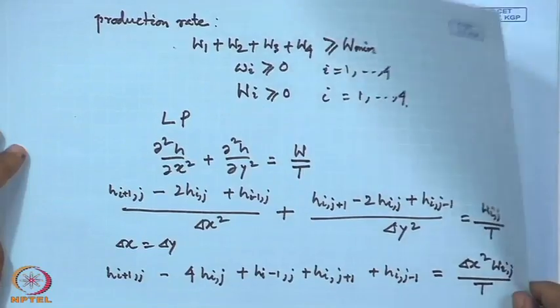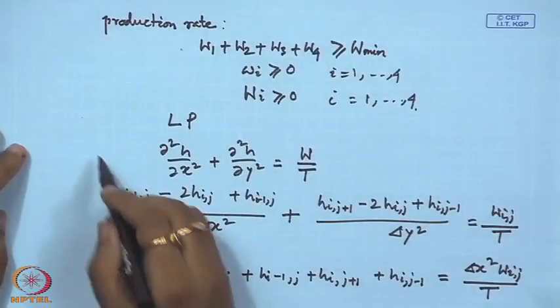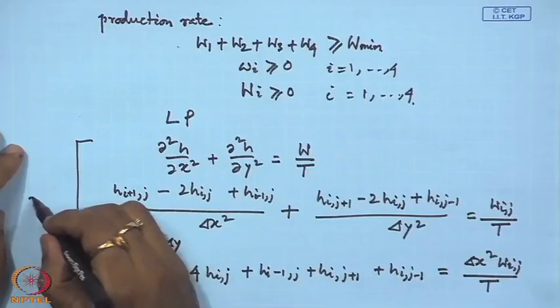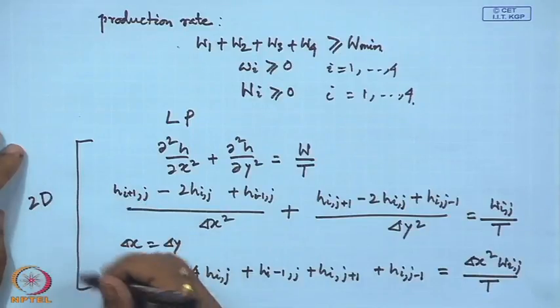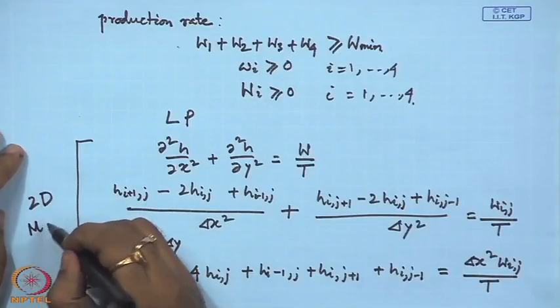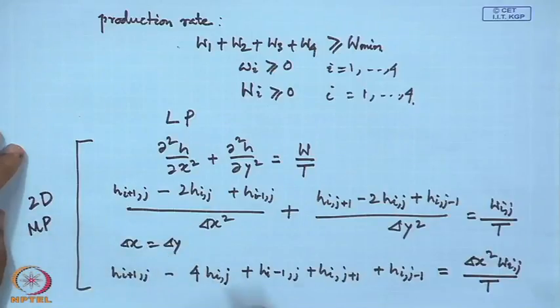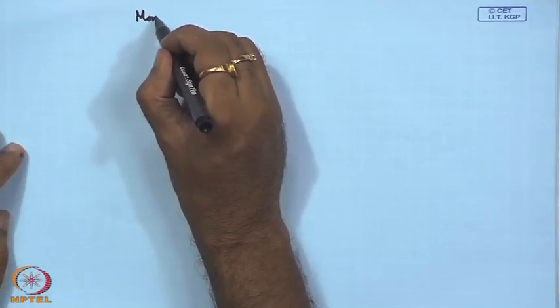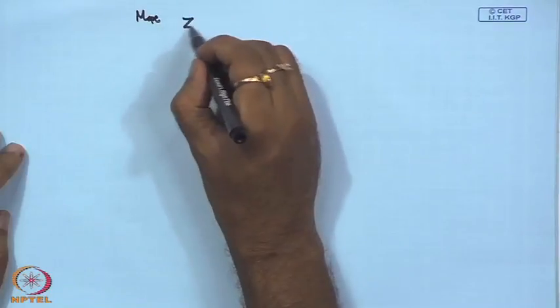Again, if we want to write a two dimensional management problem, 2D management problem for this kind of aquifers, we can write it as maximize z.